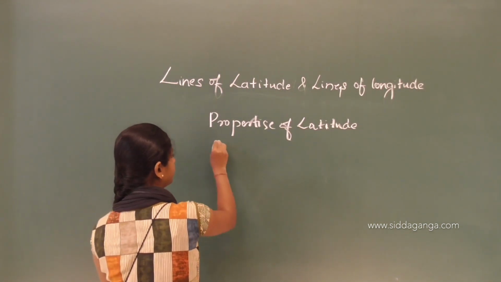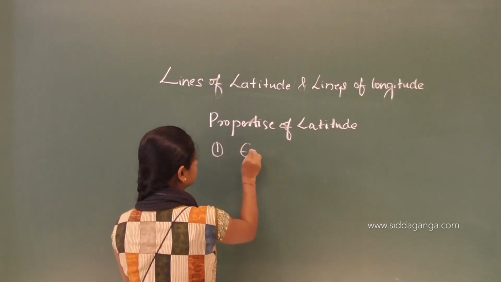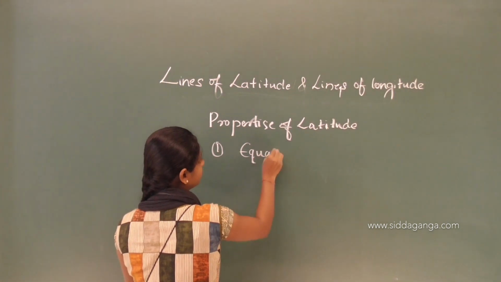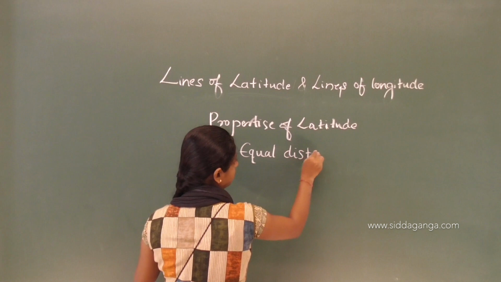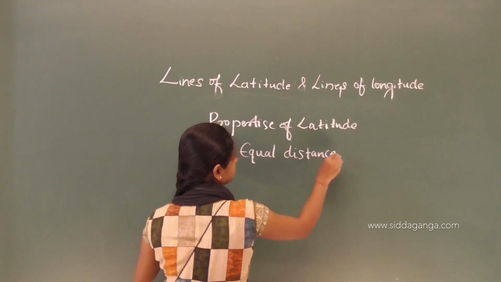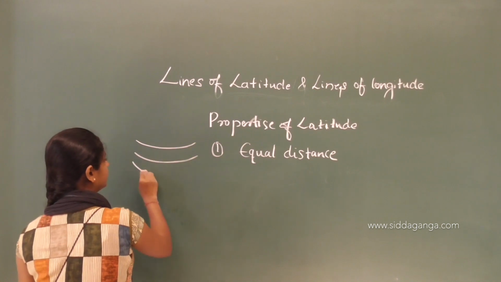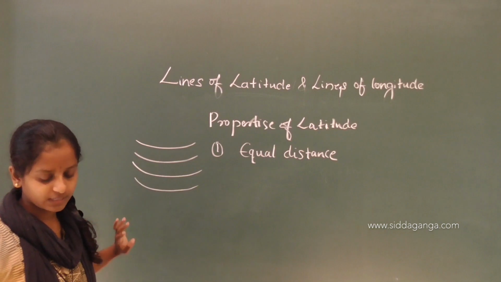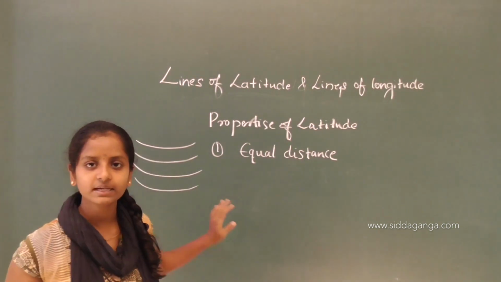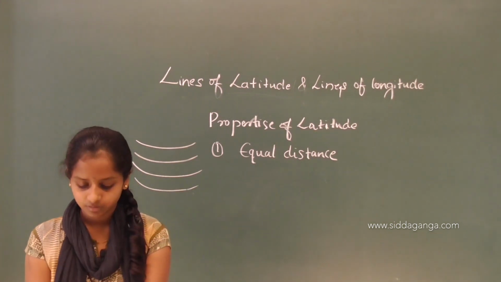So the first property is that they are at an equal distance. Those latitudes are called parallels, and they are drawn at an equal distance. These are parallel lines drawn parallel to the equator.